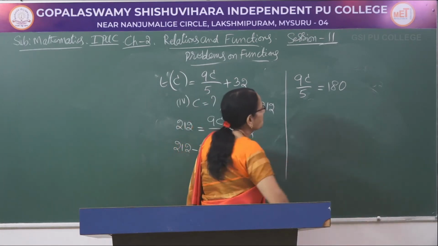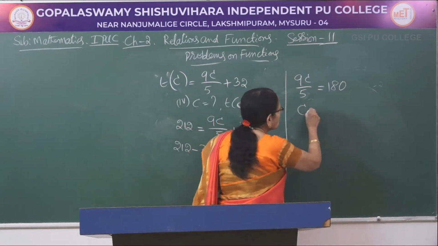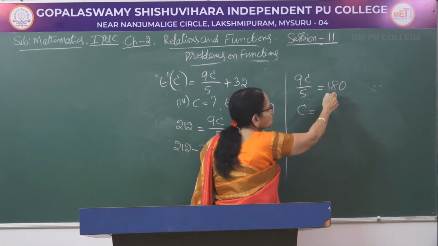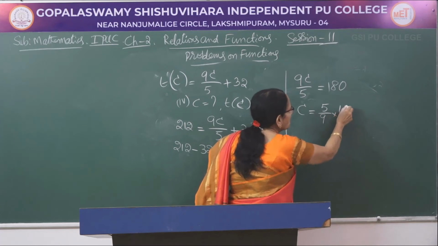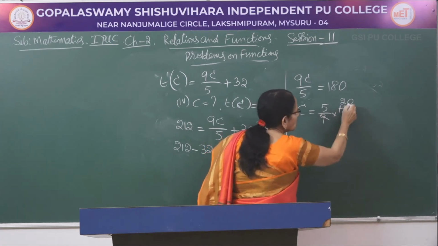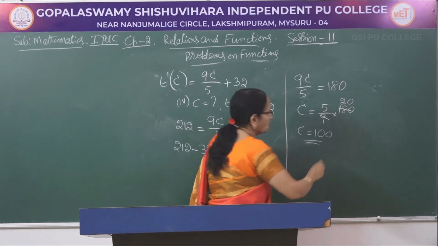That is 9C by 5 equal to 180. Therefore, C would be equal to, 5 goes to the numerator, 9 comes to the denominator. I can write it as 5 by 9 of 180. So, 9 2s are 18, 9 zeros are 20 into 5, that would be equal to 100.